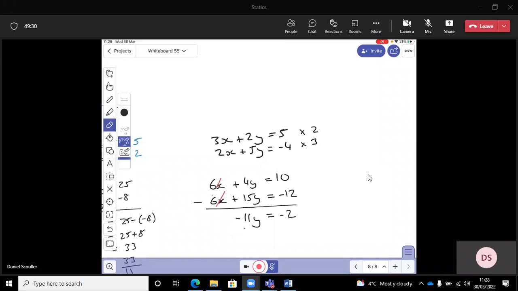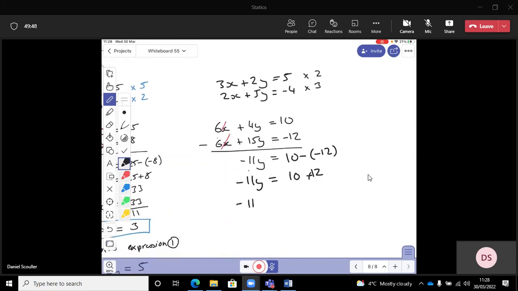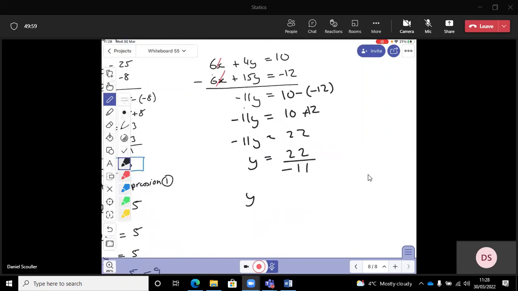It's not negative 2. It is 10 minus 12, which will give you negative 11y equals 10 minus 12, so 22 over negative 11, y equals negative 2.